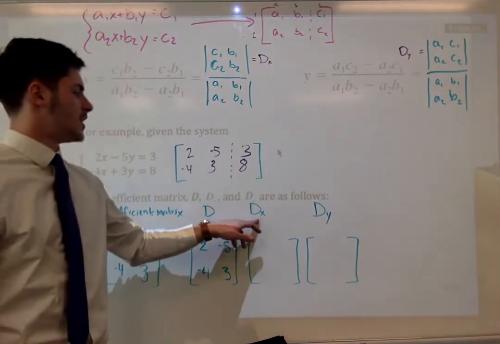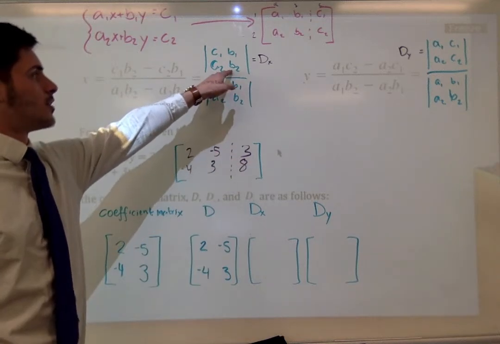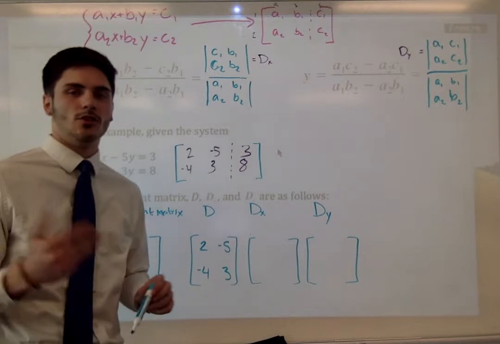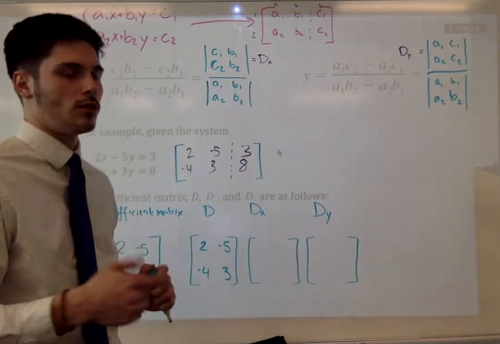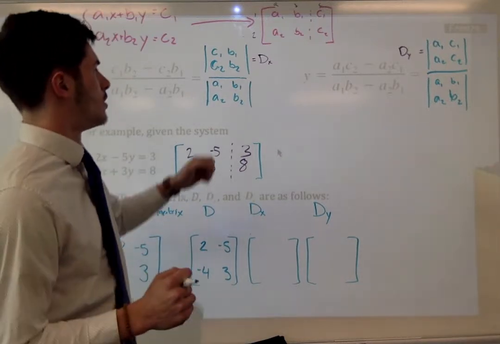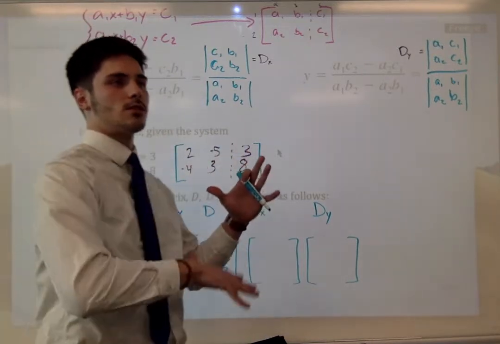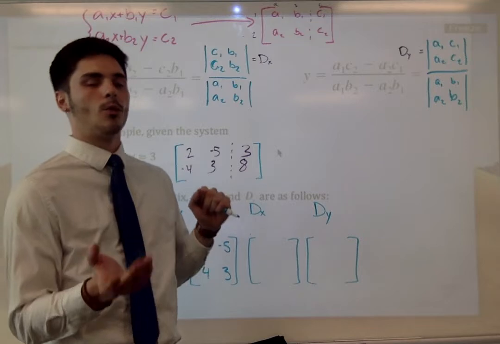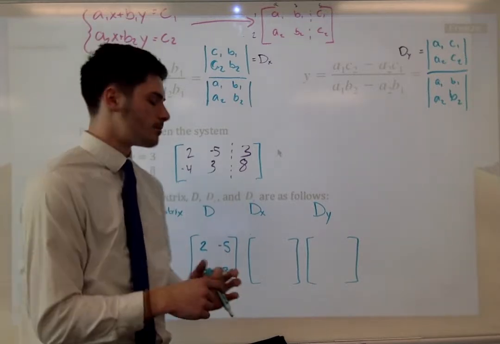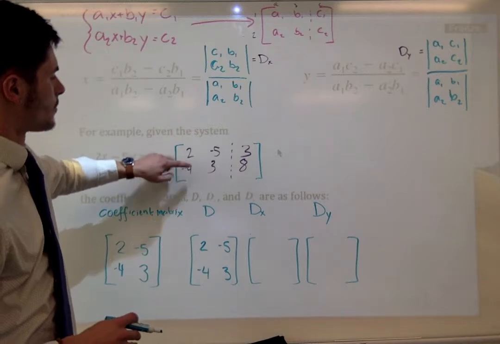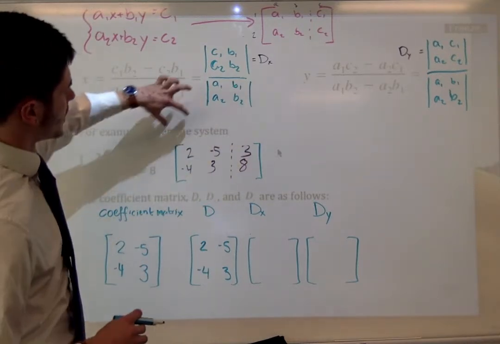And so remember, dx is going to be this matrix. So dx is the matrix that's in the numerator when we're finding the x variable using Cramer's rule. And it's going to consist of the matrix that replaces the A column with the solution column, the C column. So let's replace this column with the solution column.